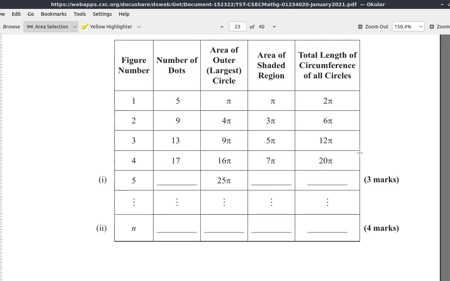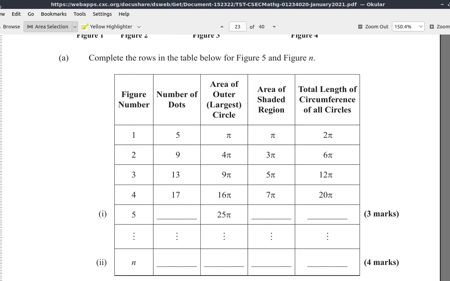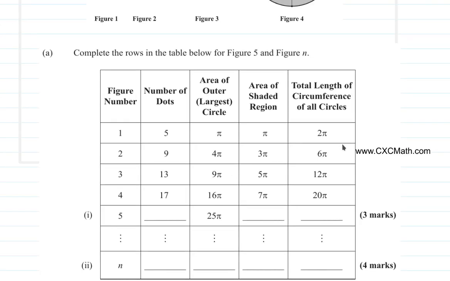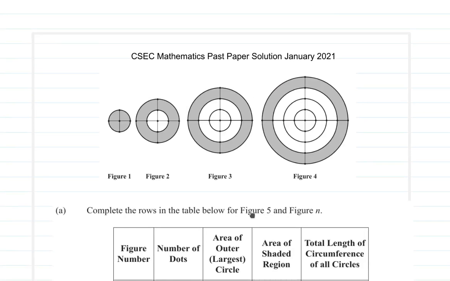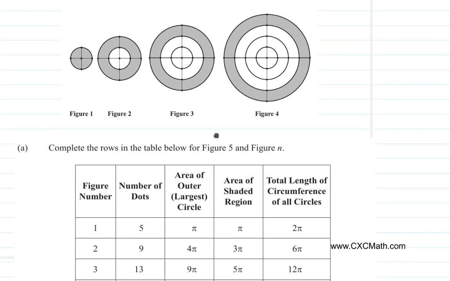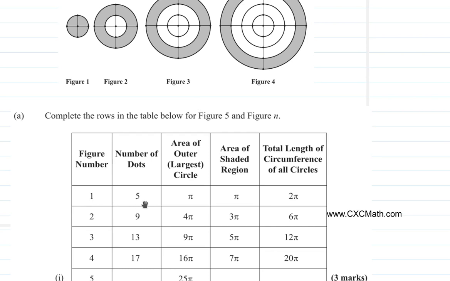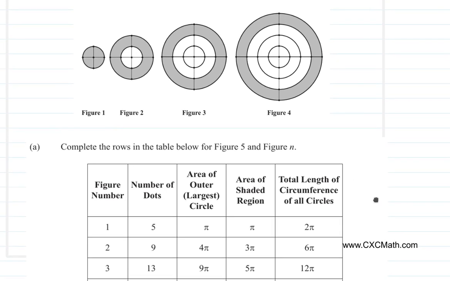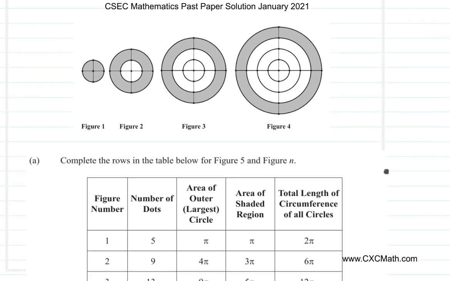I've already copied this and placed it over on this other screen. Before I do that though, let's see how they got these numbers. Number of dots: 1, 2, 3, 4, 5.